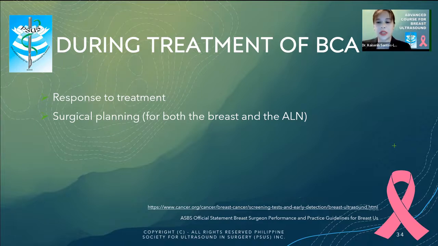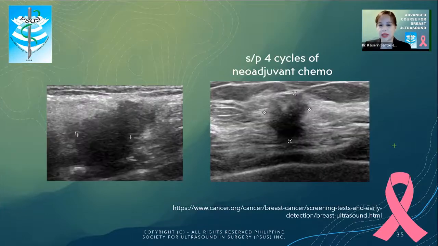If these patients have lesions that responded well enough, they can still be offered breast conserving therapy, in which case we plan partial mastectomy with gross margins. For surgical planning of the axillary lymph node, we ask whether these nodes responded during the neoadjuvant chemotherapy, so that these patients can be offered sentinel lymph node biopsy with harvesting of those marked nodes using ultrasound guidance pre-neoadjuvant.